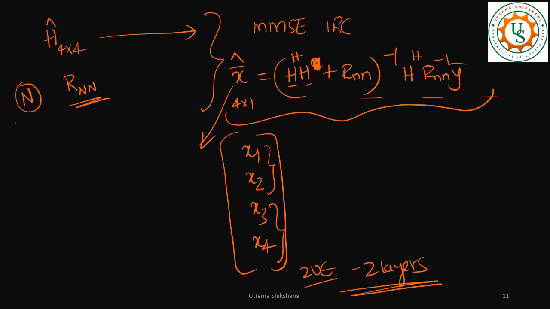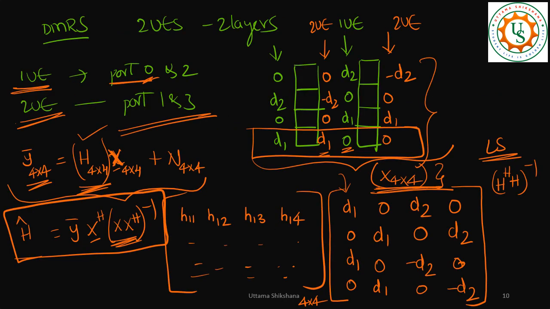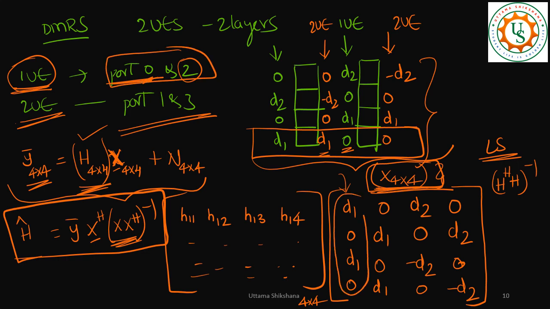We will come to know that by the way we arrange this X matrix. For the first UE we had given port 0 and port 2, and considering this only we formed the matrix here, this column and this column.